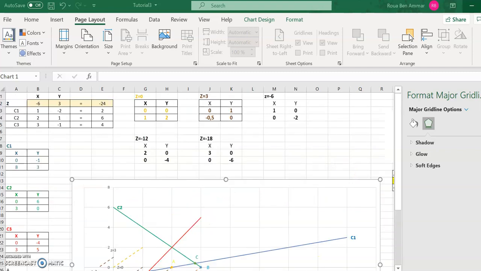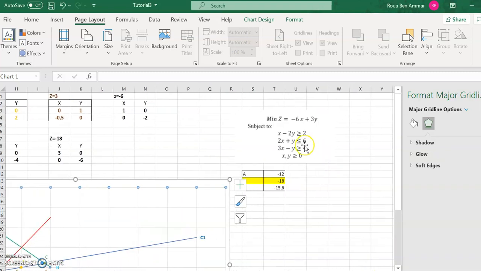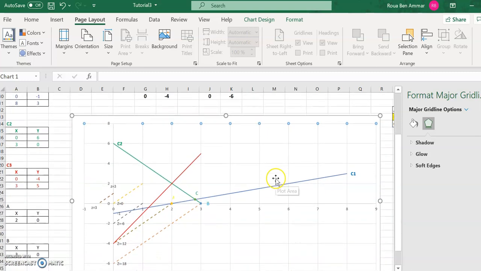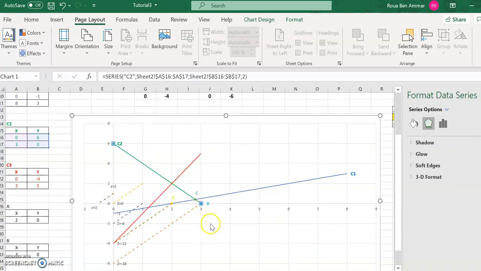So the constraint in question here is constraint 2, 2x plus y less than or equal to 6, which is this constraint, C2. We can see that if this constraint is removed, we will no longer have this point B, which represents the optimal solution. So we can say that this constraint is binding.